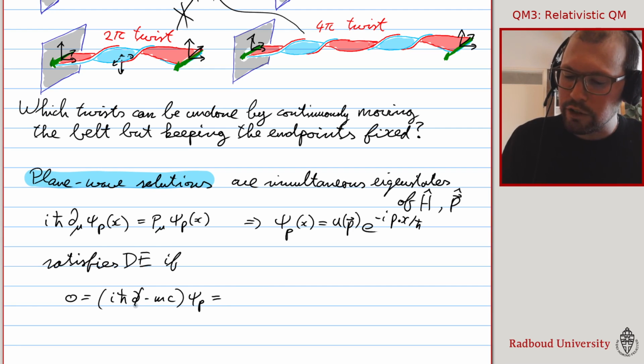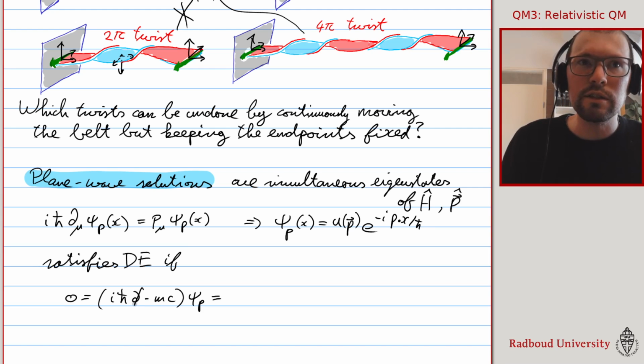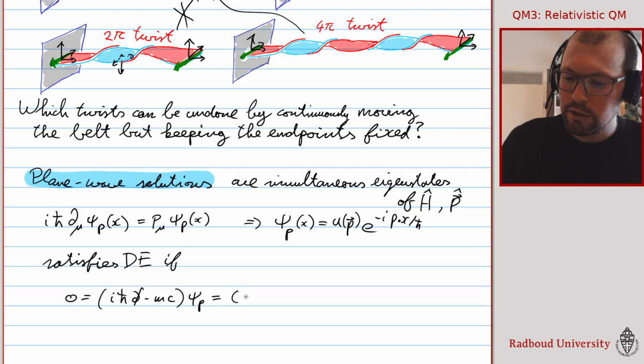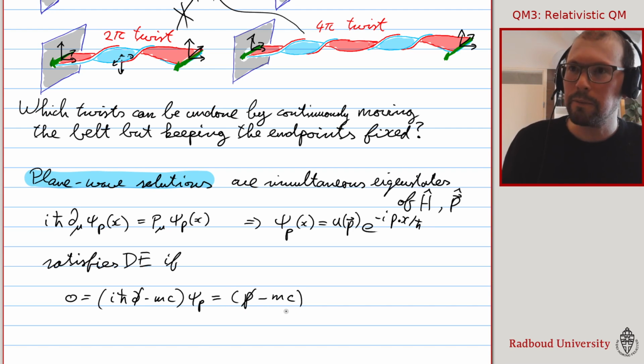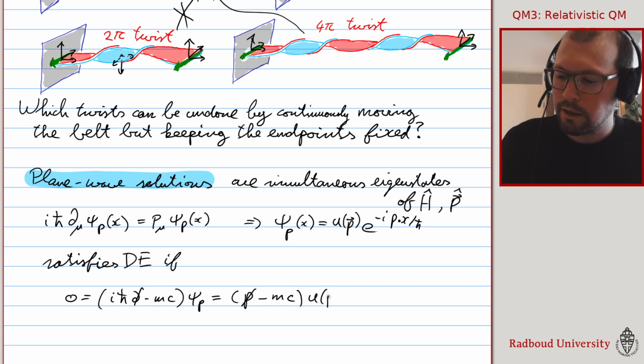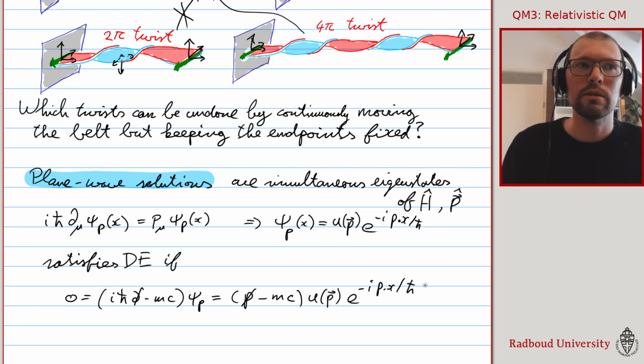So the d slash is a derivative with respect to x and then contracted with the gamma matrices. So it brings down this momentum 4-vector. So this is p slash minus mc, acting on u, times e to the minus i p dot x over h bar.